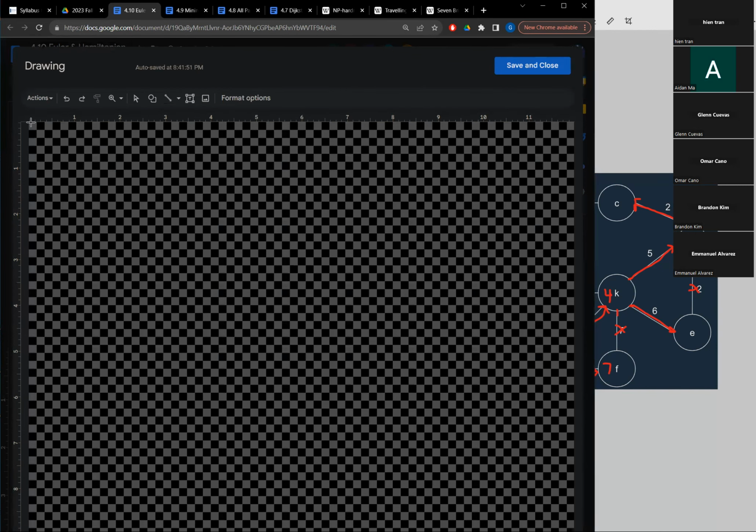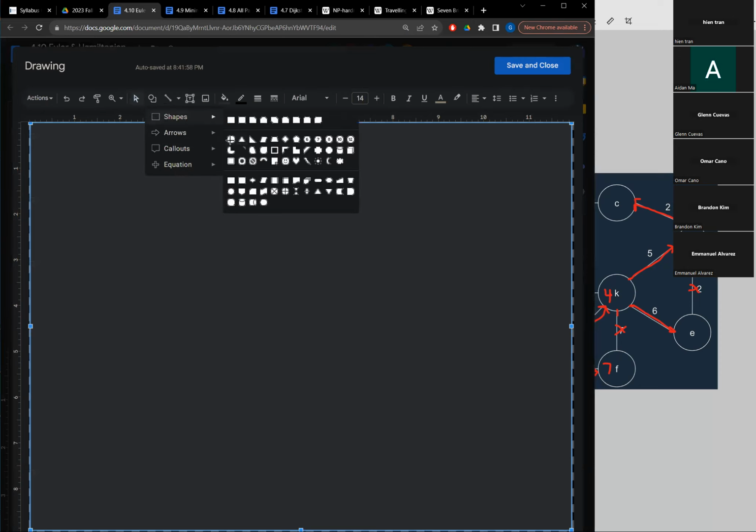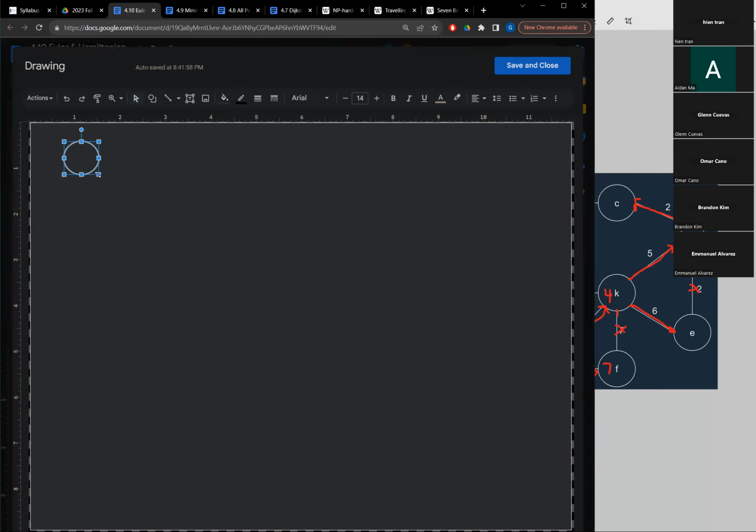Background, get rid of that grid. Supersized checkerboard, all right. Make a graph here. There are cycles that will be attached together.